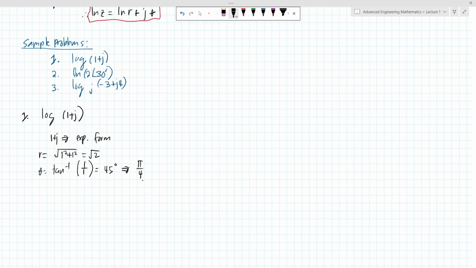If you don't know the equivalent, use the conversion. Just multiply this by pi over 180 degrees. That will give you pi over 4. Therefore, 1 plus j is the same as the square root of 2 e raised to j pi over 4.